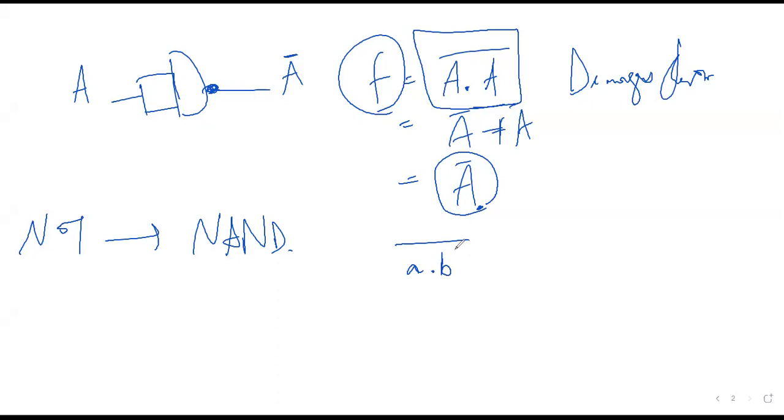That's what it means. This is your starting point. I want to go to a NAND. But how do I go to a NAND if I only have one output, which is A bar? So you start with A bar.